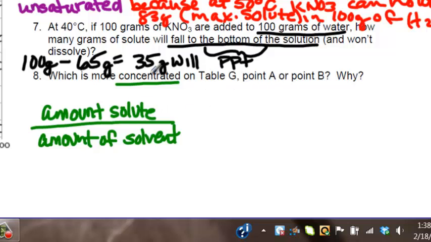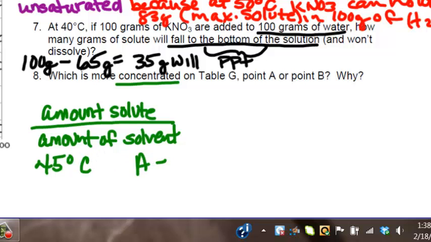So when we look at point A, which is right here, and we compare it to point B, the one thing that we notice is that they're both at the same temperature. So they're both at about 45 degrees Celsius.